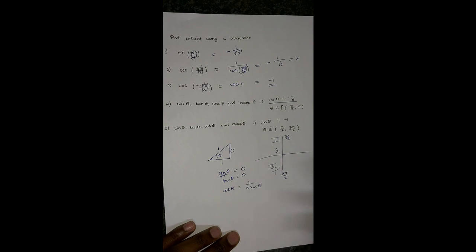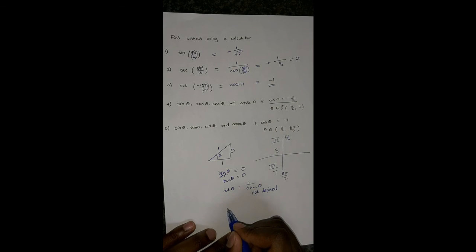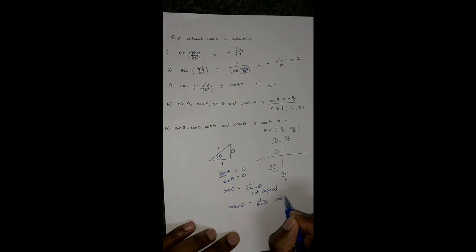But tan theta is 0, so our cot theta becomes 1 over 0, which is not defined, undefined. And cosec theta is equal to 1 over sine theta. It is also undefined because it's 1 over 0.